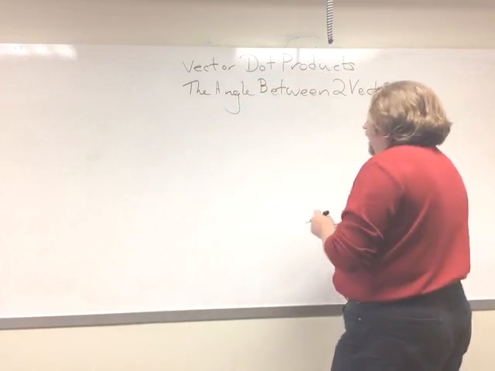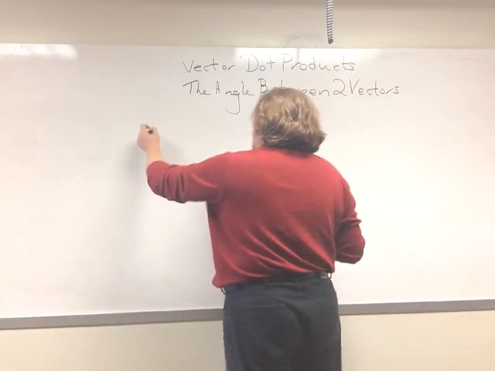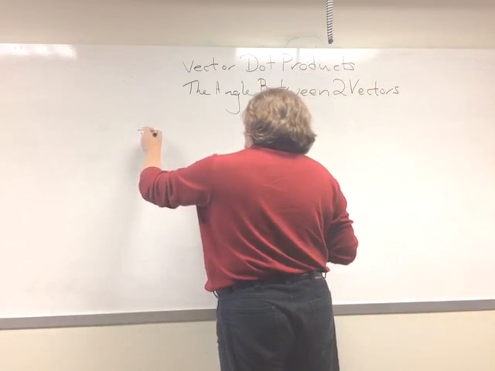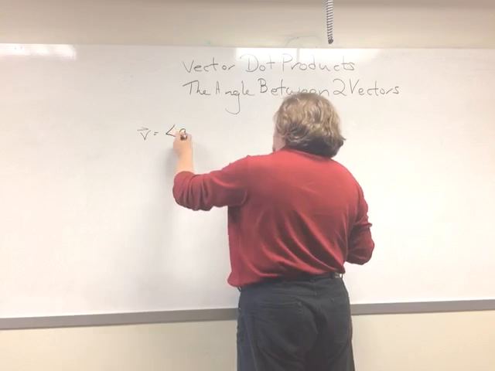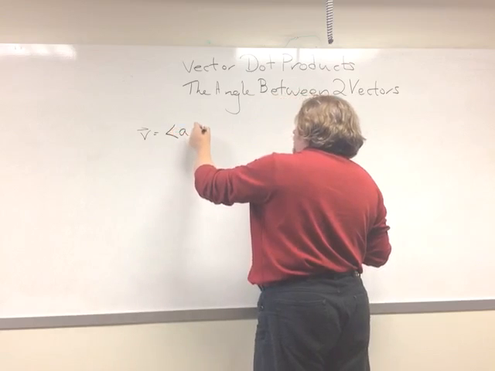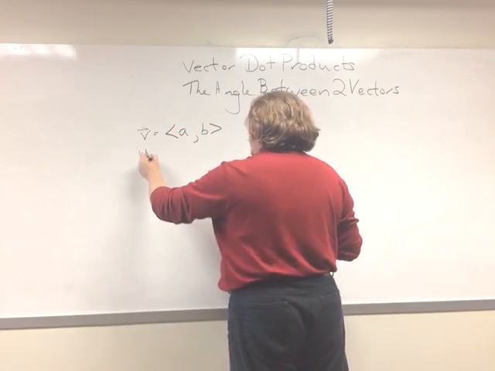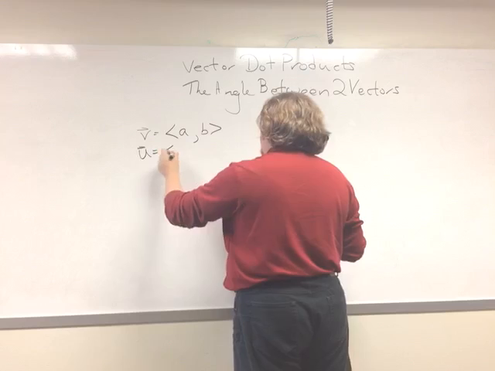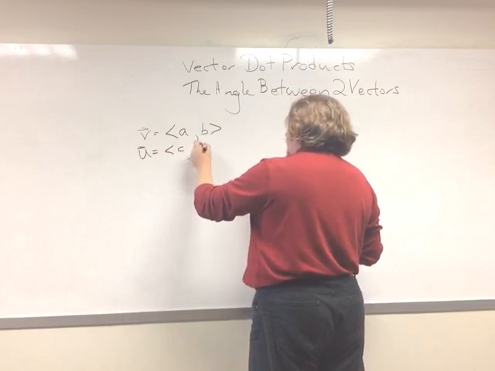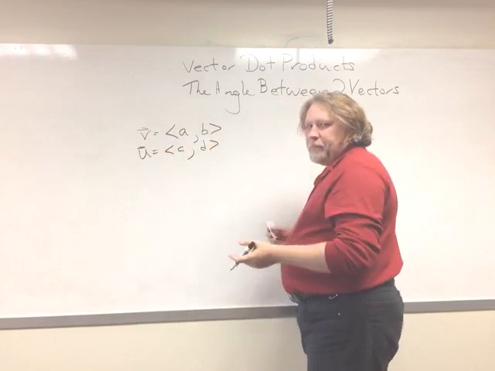So let's suppose you've got two vectors. We'll call vector v, it has an x component a and a y component b. And suppose vector u has an x component we'll call c and a y component we'll call d.